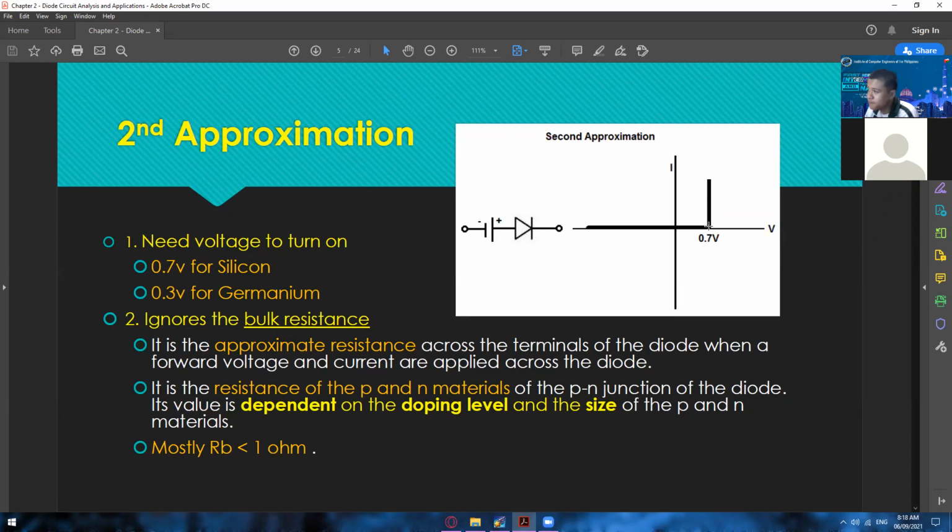So in other words, you have to feed your diode a certain amount of voltage first, like if it's silicon 0.7 volts, and if it's germanium, then 0.3 volts, before it can fully permit a current on that specific diode. If you don't have enough voltage source, then you won't be able to pass through this diode, because it eats up a certain amount of voltage.